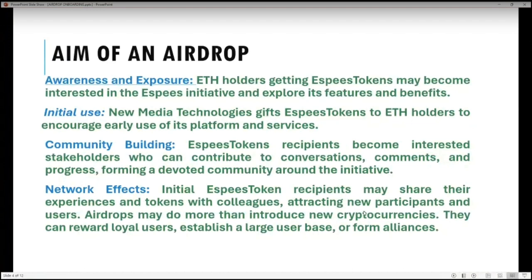Because they've received this SPs token, they share the news, each of them telling two persons. That is 10 times 2, that's 20. Twenty more persons have become aware. They want to go and find out more about SPs, and they also become interested. They tell other people about SPs. Now, before you know it, SP's network has grown.